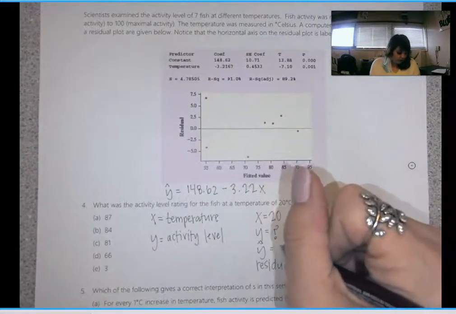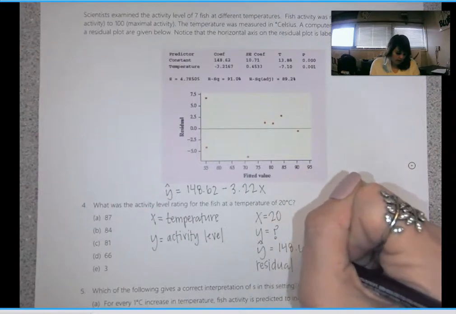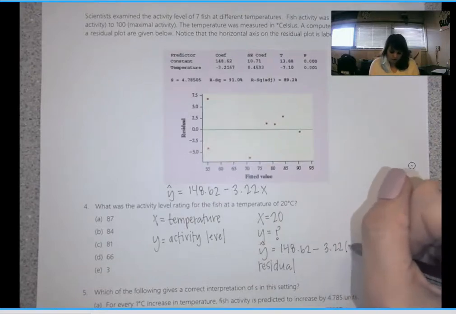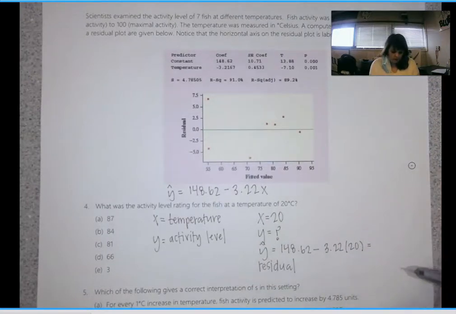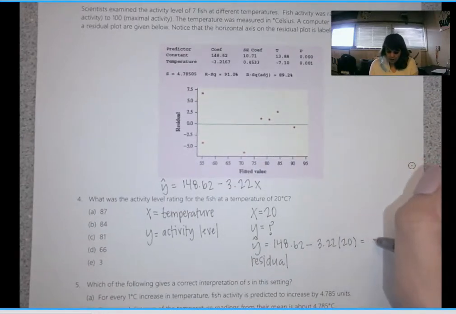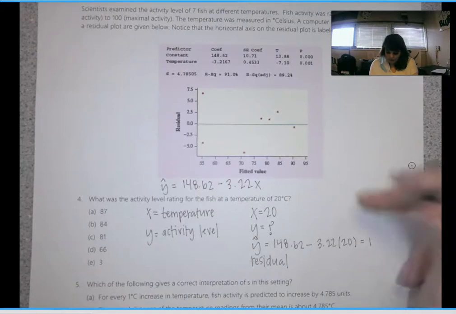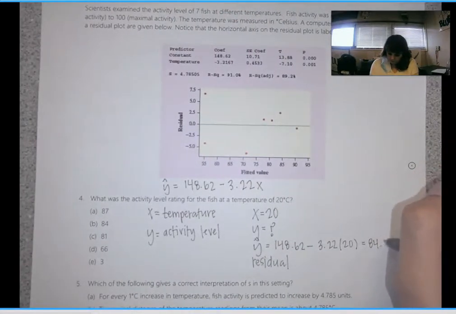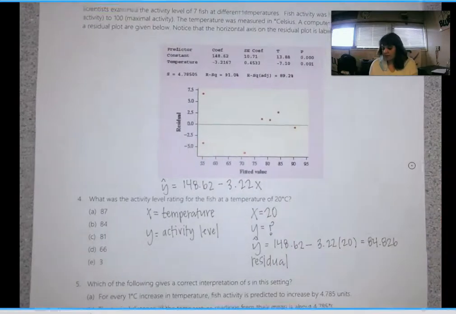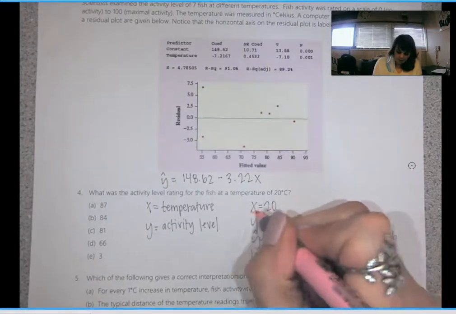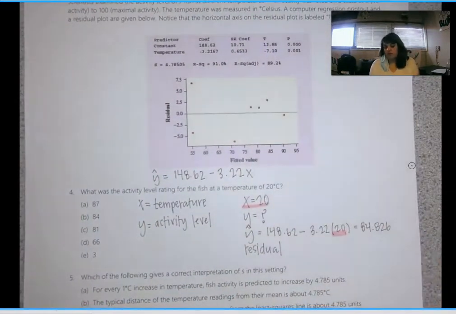So to find predicted y, 148.62 minus 3.22, you're plugging in 20. That gives us 84.22. Let's make sure that we are clear on the fact that x is 20. We plug in 20 for x.